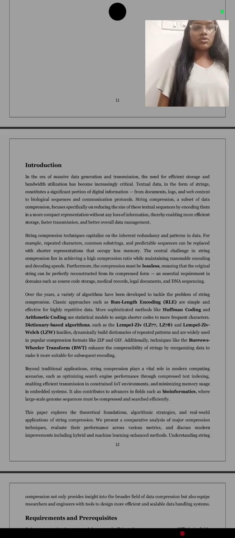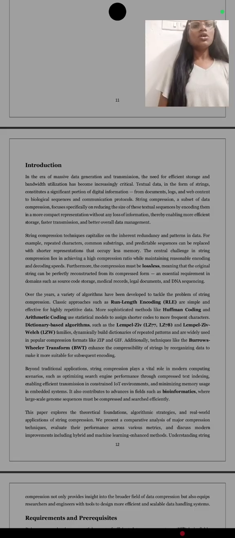It also contributes to advances in fields such as bioinformatics, where large-scale genome sequences must be compressed and searched efficiently. This paper explores the theoretical foundations, algorithmic strategies, and real-world applications of string compression. We present a comparative analysis of major compression techniques, evaluate their performance across various metrics, and discuss modern improvements including hybrid and machine learning enhanced methods.